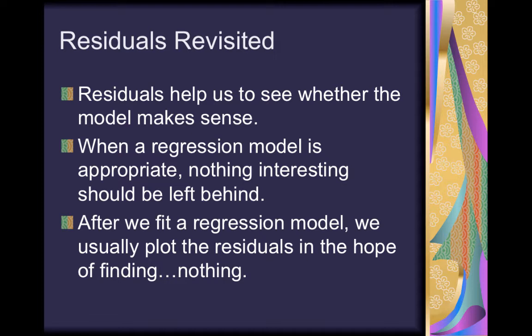So again, if the residual plot is not random, it's telling us one of two things. Either one, there are other variables involved that are affecting our relationship that need to be taken into account, or the data is not actually linear and we would have to apply some other type of regression model to it.